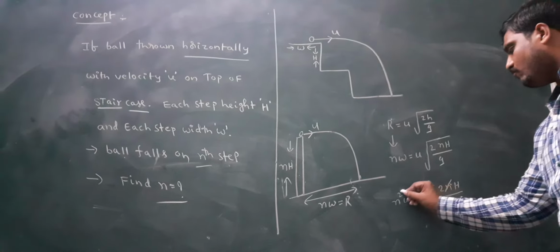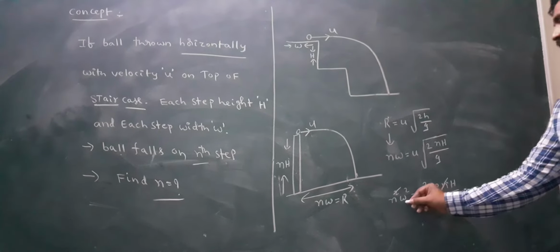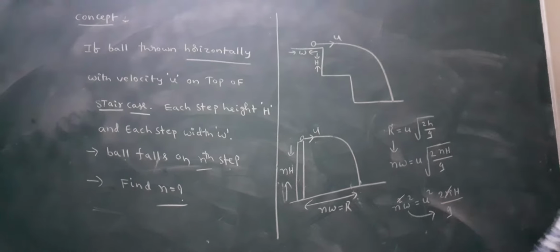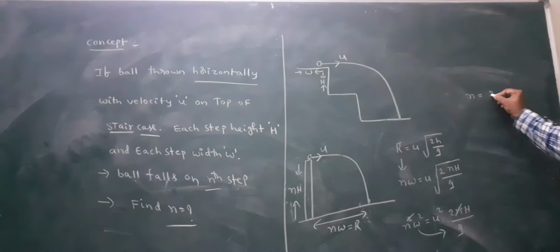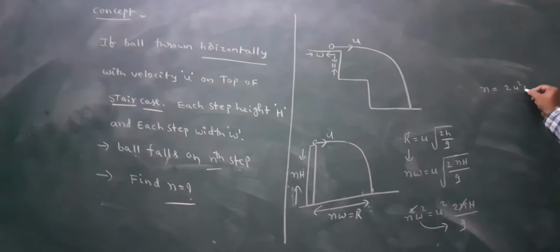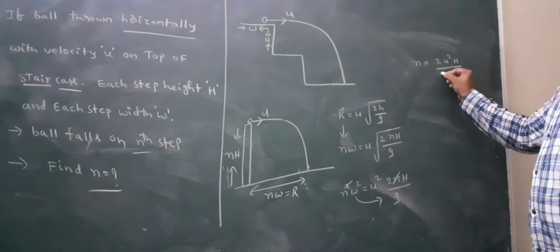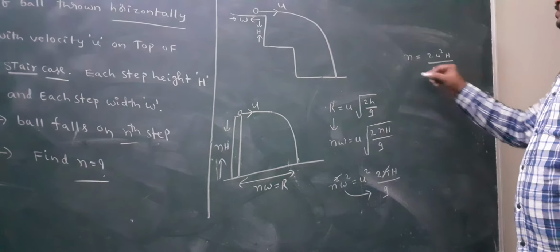Here one n cancels. The numerator goes to the other side as denominator. Totally the n value is 2 u square H by g W square.